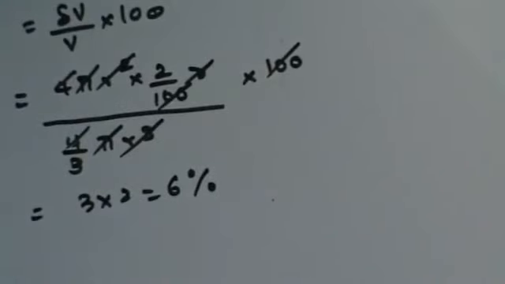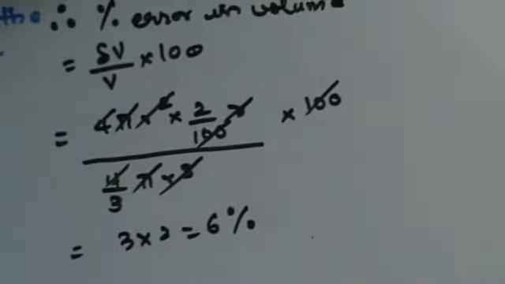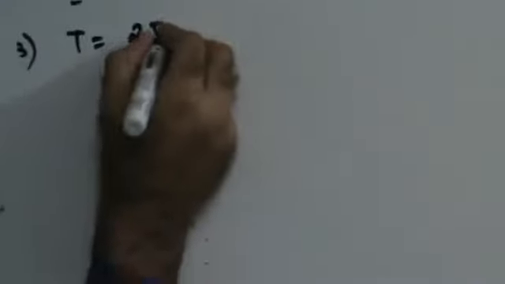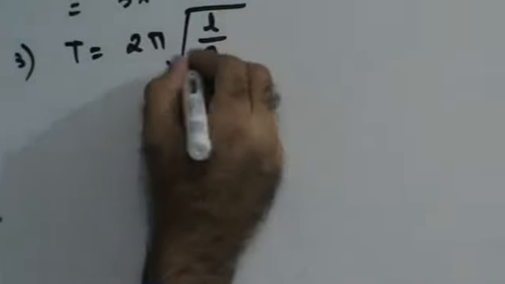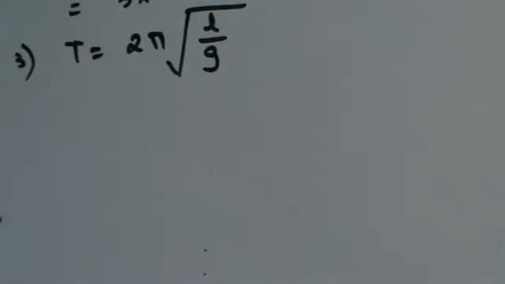Right? Take down the next sum please. The time period T of a simple pendulum of length L is given by T is equal to 2 pi root of L by g.